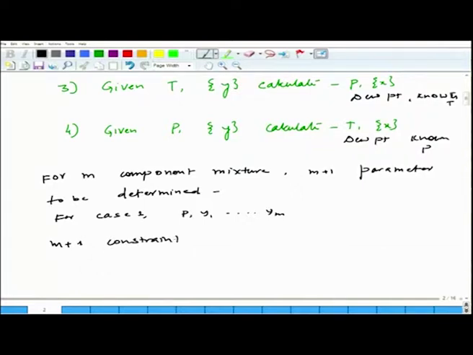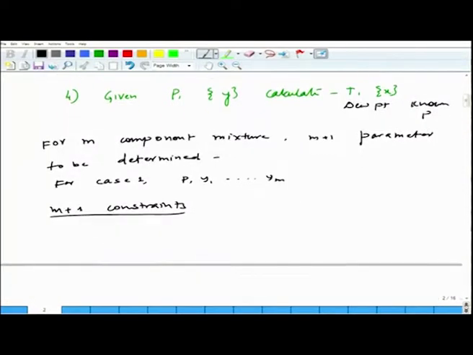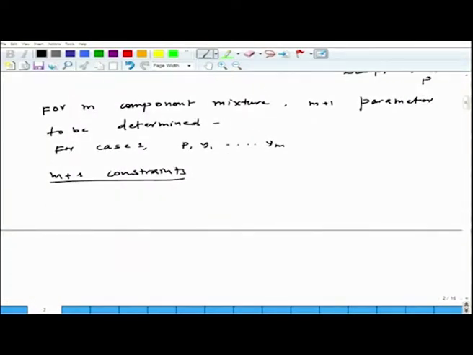Why is that? Remember how we determined the Gibbs phase rule? We made use of the equilibrium condition. Now, in this case, the constraints are basically the equality. Temperature is going to be constant, we do not have to bother about temperature. Pressure, we do not have to bother about it. We can simply use chemical potential or the fugacity.